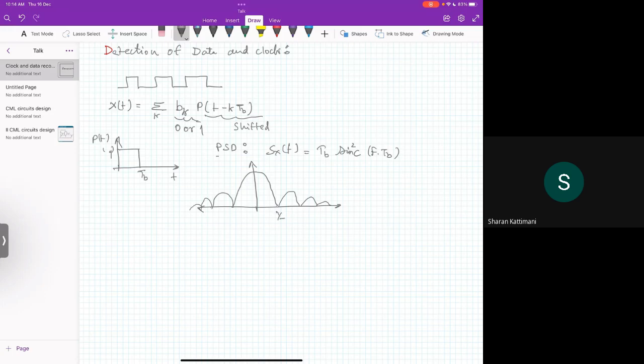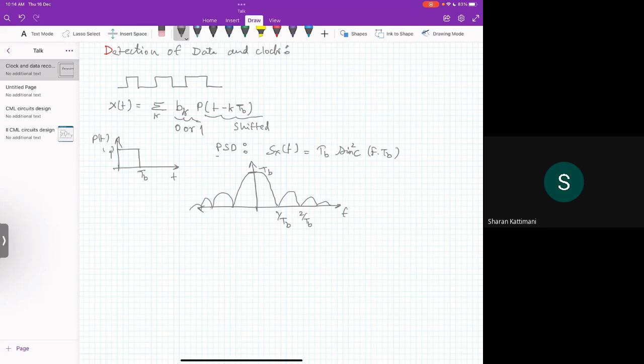The nulls will be at 1 upon Tb, 2 upon Tb, and the maximum will be at 0. So here we can see that there are spectral nulls at multiples of fb.